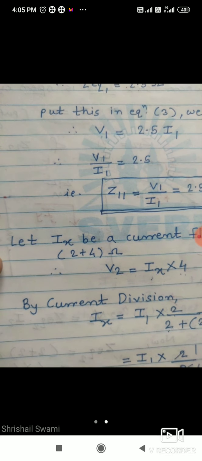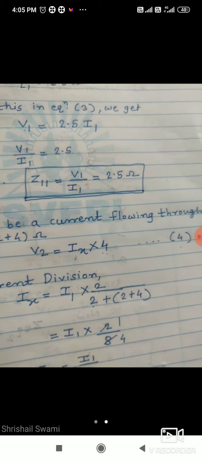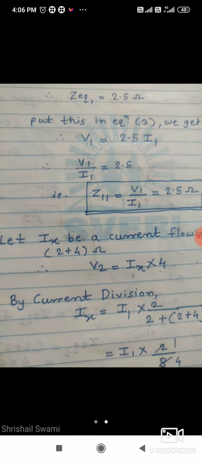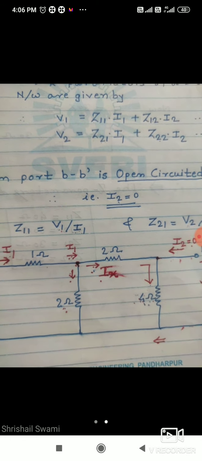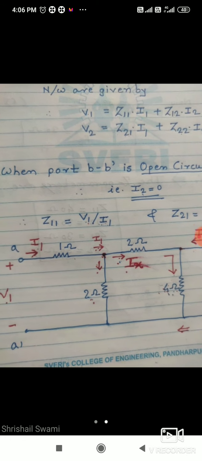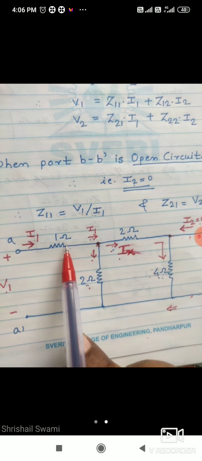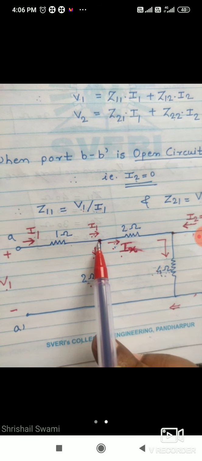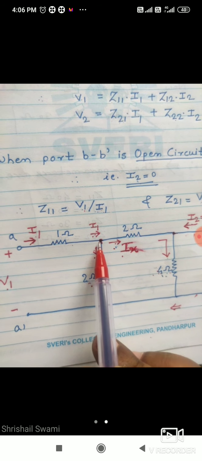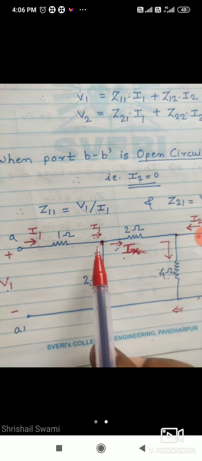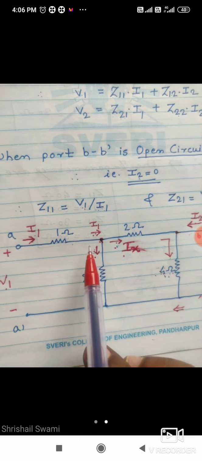Now let Ix be a current flowing through 2 as well as 4 ohm. Okay. So how we can take it? I1 current, I2 is already 0. I1 is flowing in this direction through 1 ohm. So it will come up to this point. After coming to this point, it gets two paths.